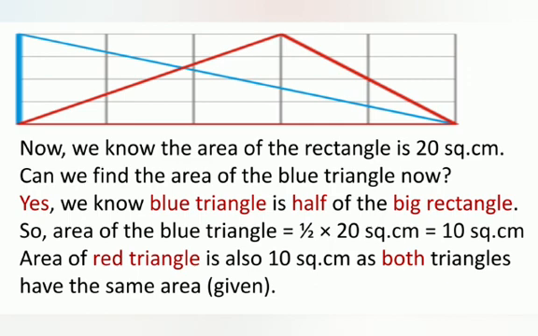That is, the area of the blue triangle will be 10 square centimeter. Now, what is the area of the red triangle? We know the area of the red triangle and the blue triangle are same. So, the area of the red triangle will also be 10 square centimeter.